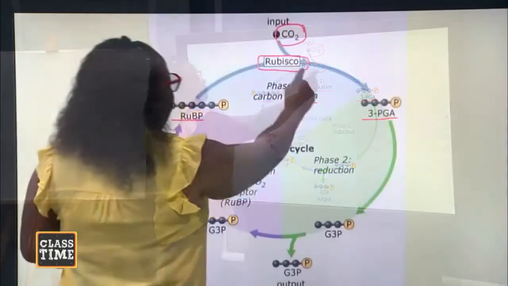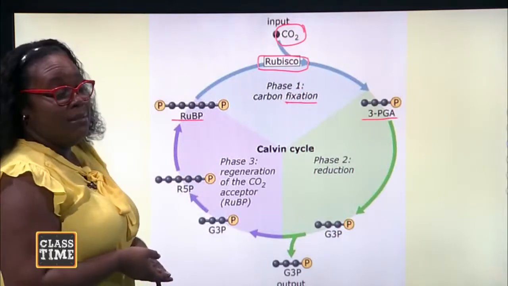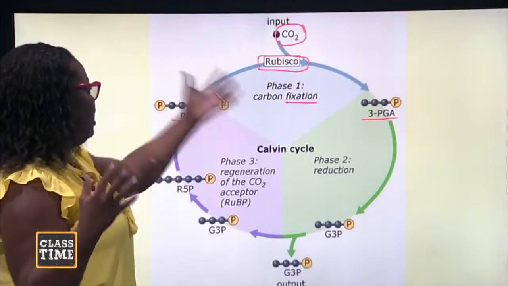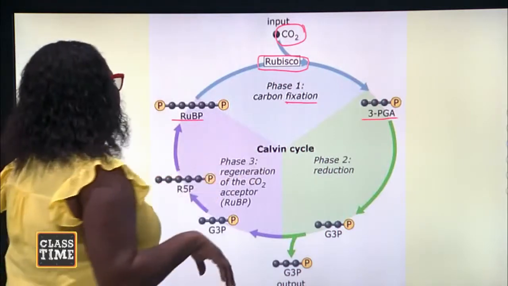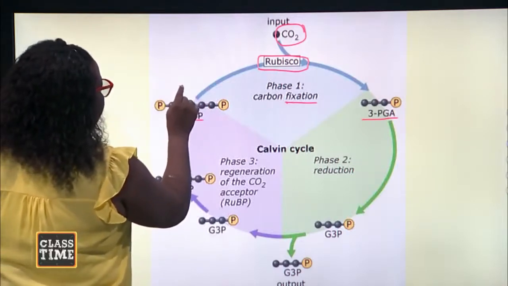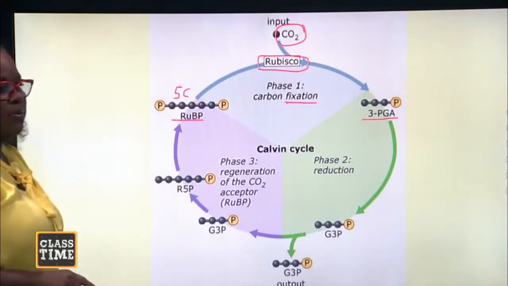And the enzyme is Rubisco, which is considered one of the most popular enzymes in the world because it is utilized each time this cycle goes through. Now, what I need to draw your attention to is that RuBP is a 5-carbon compound.